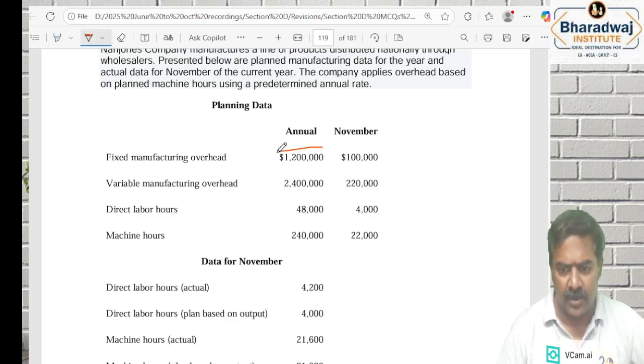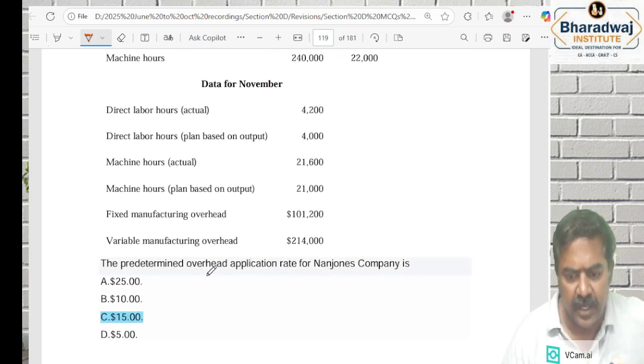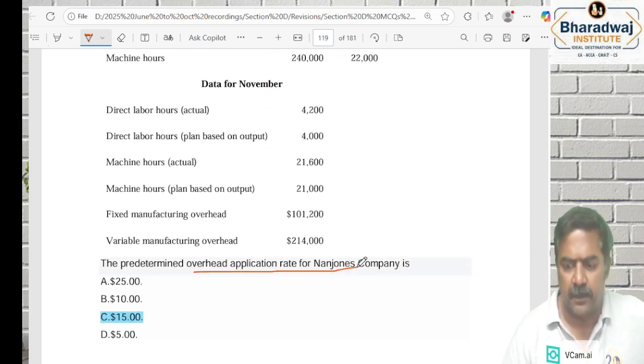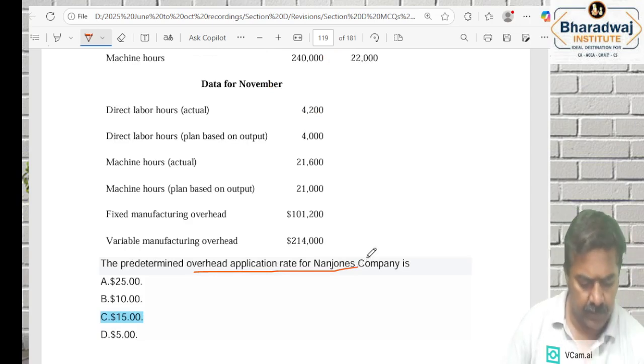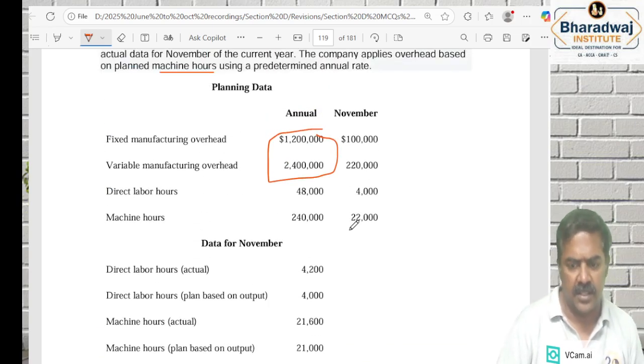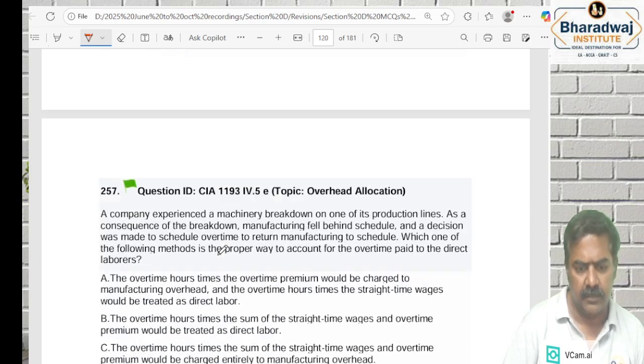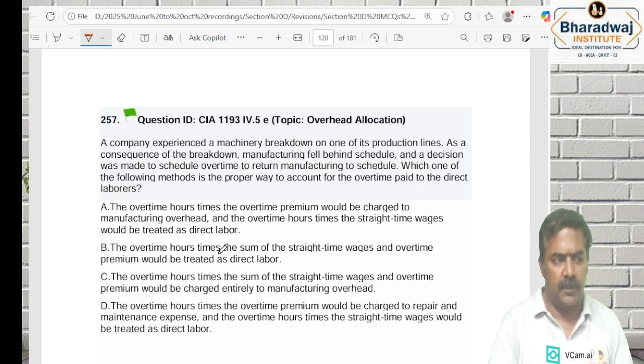Already that's what we worked out. They ask you the predetermined overhead application rate for the company. So 36 lakhs divided by 2 lakh 40,000. What is the answer? 15.